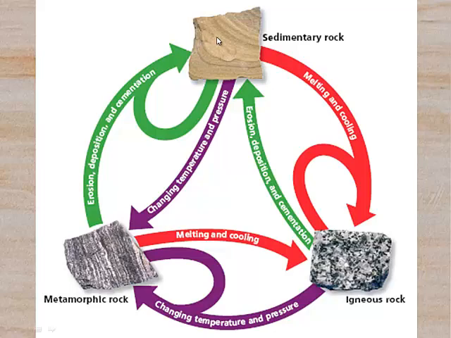If we take a sedimentary rock and we subject it to heat and pressure, it can become a metamorphic rock, and that can break down due to weathering and become another sedimentary rock. An igneous rock can be broken down by weathering to produce a sedimentary rock. The sedimentary rock can be subjected to heat and pressure and become a metamorphic rock. So any type of rock can be transformed into any other type of rock given the right conditions.